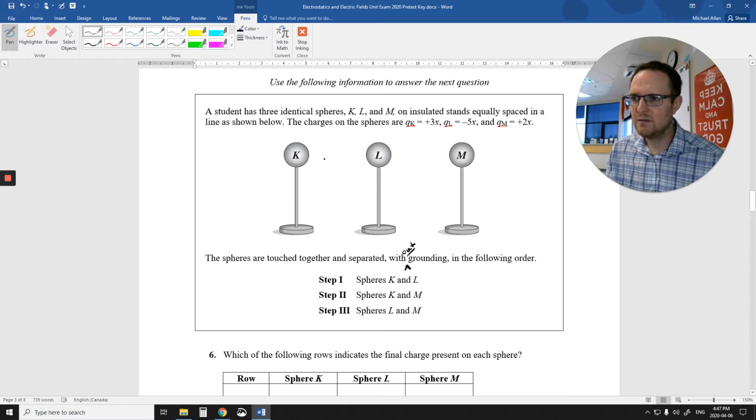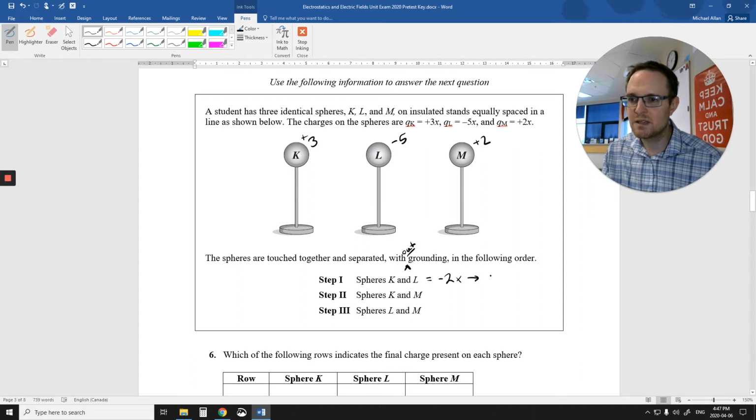So K and L. Let's just start off here and I'll put down positive 3, negative 5, and positive 2. These are all x's. I'm not too worried about the x's. Okay, so K and L are going to touch. When K and L touch together, we get a total of negative 2 x's, and then they separate.